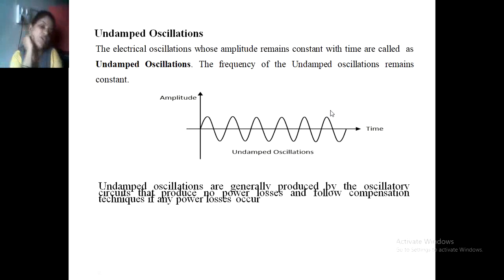Undamped oscillations are generally produced by an oscillatory circuit that has no power losses, or that follows compensation techniques if any power losses occur.